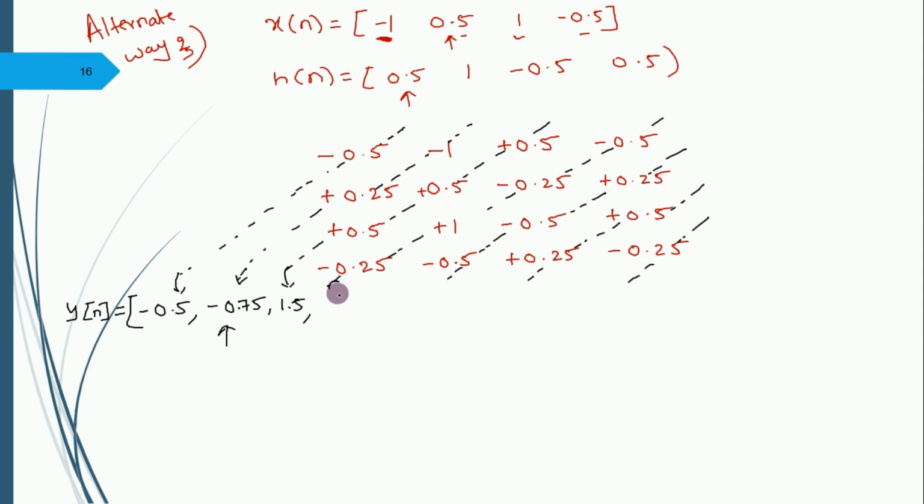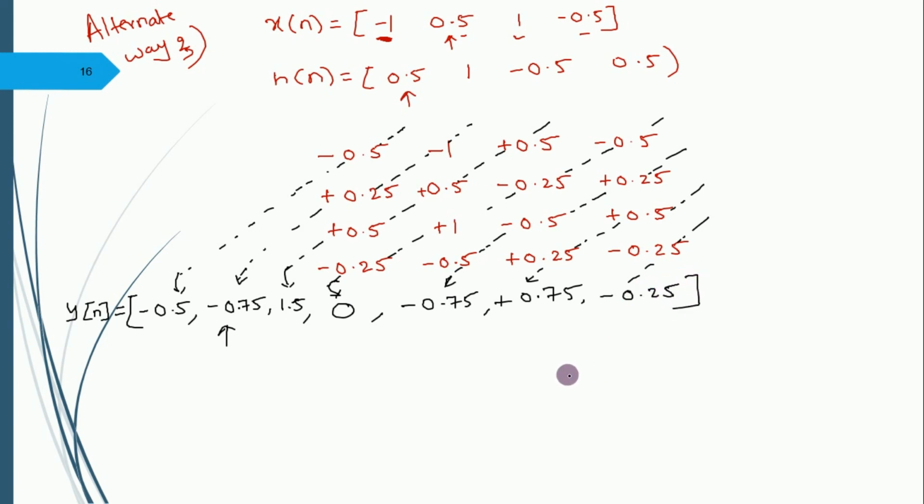Now from here, minus 0.5 minus 0.25 minus 0.75 plus 1 and minus 0.5. So minus 0.25 minus 0.25 minus 0.5 results in minus 1. Minus 1 plus 1 is 0. Next, plus 0.25 minus 0.5 minus 0.5 will result in minus 1. Minus 1 plus 0.5 is minus 0.75. Okay. Next, plus 0.5 plus 0.5 plus 0.75.